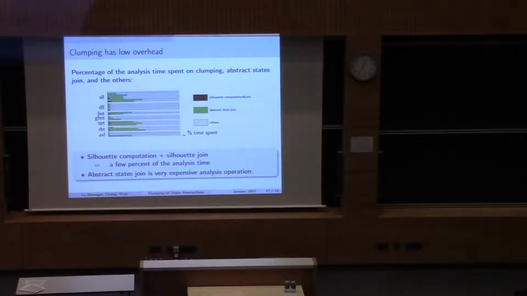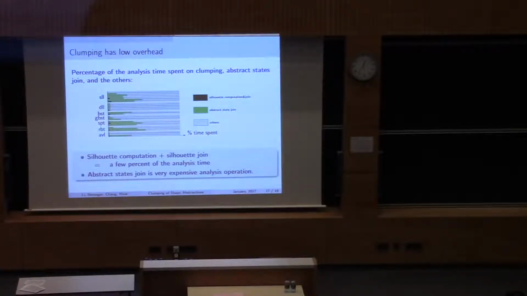To evaluate that clumping has low overhead, we collect the percentage of the analysis time spent on clumping, abstract state join, and the others. We found that silhouette computation and silhouette join, which is shown in the black color, only take a few percent of the analysis time in the worst case.